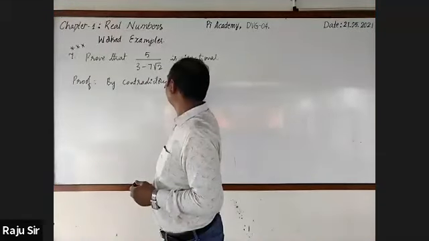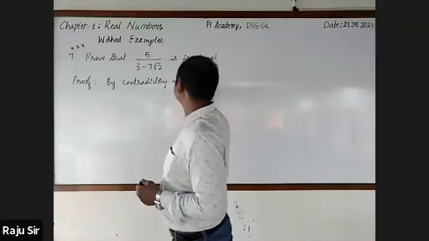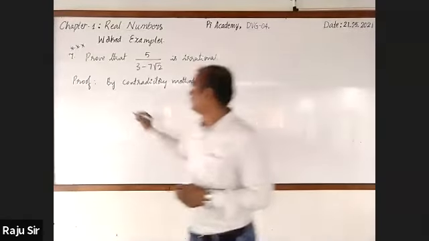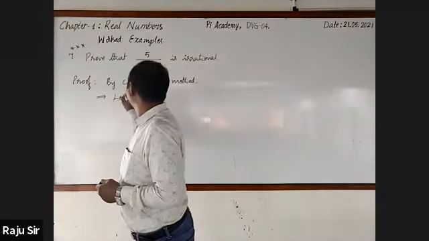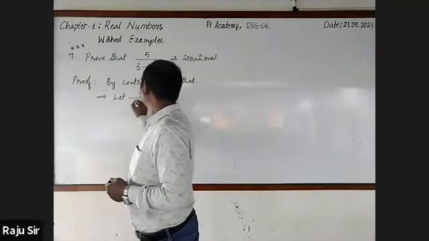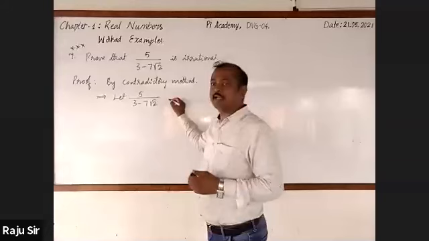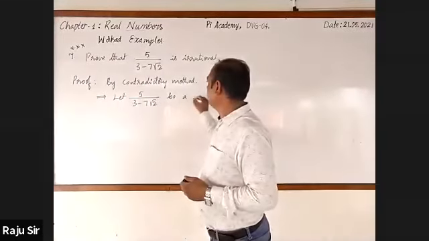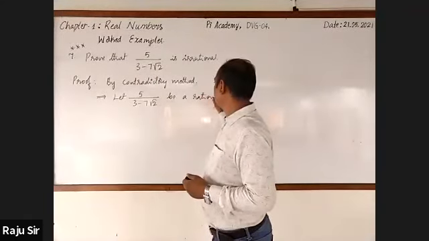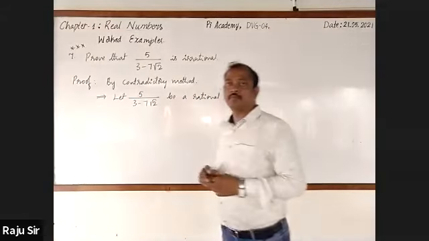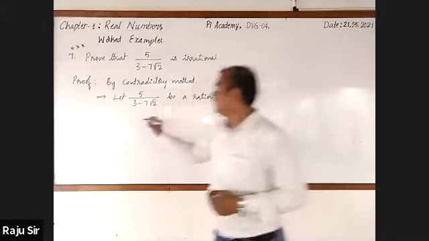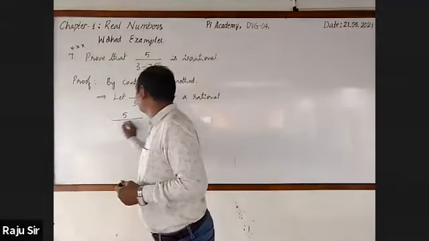Let us assume 5 by 3 minus 7 into root 2 to be rational. If it is rational, this can be written in the form of P by Q.